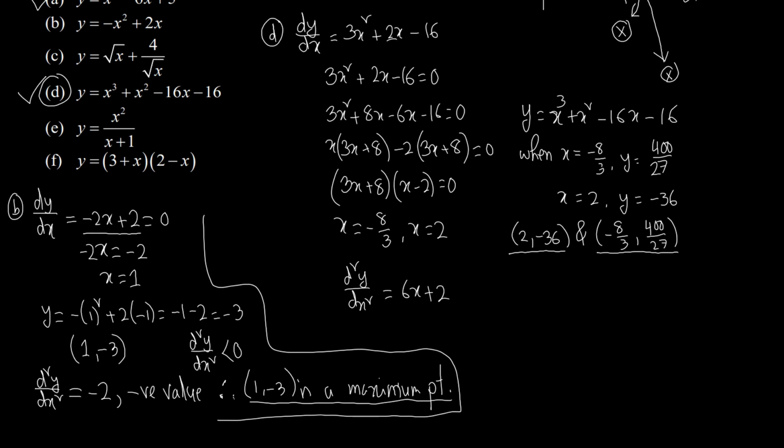So when x equals to 2, d square y by dx square is 6 into 2 plus 2, which is 12 plus 2 is 14, a positive value. A positive value means the point 2, minus 36 is a minimum point.